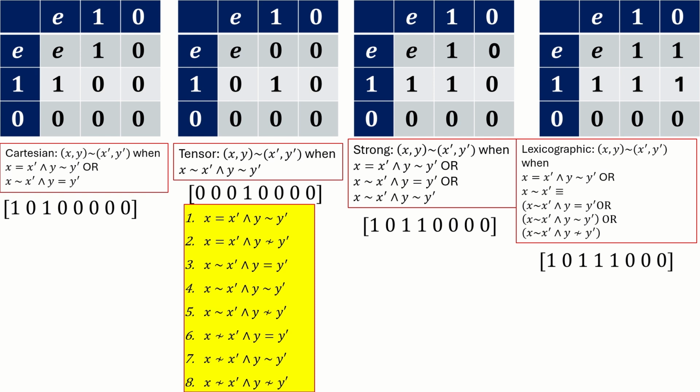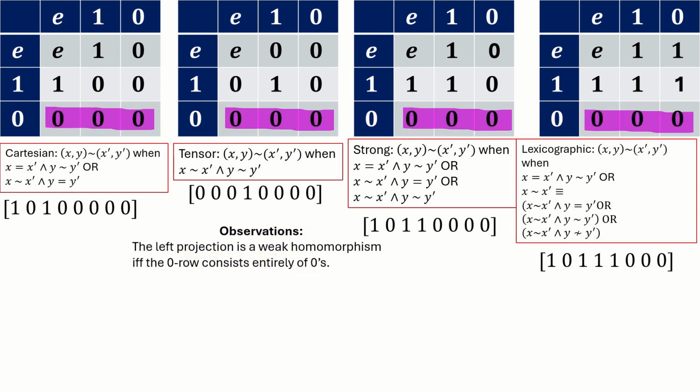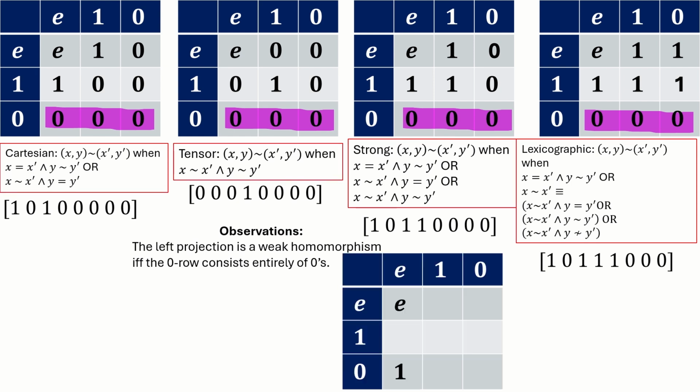the associative graph products. Let's start with all of the associative graph products where both projections are weak homomorphisms. The left projection is a weak homomorphism if and only if the bottom row of this table is all zeros. Otherwise, there's a 1 somewhere in this bottom row. Suppose the 1 is in the first column.